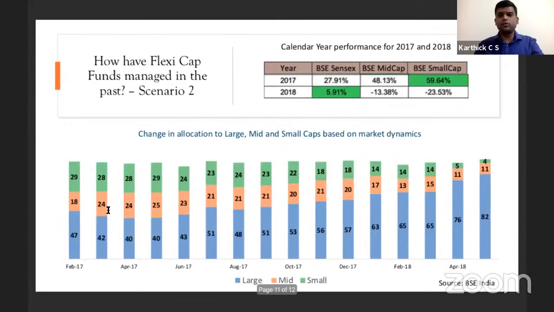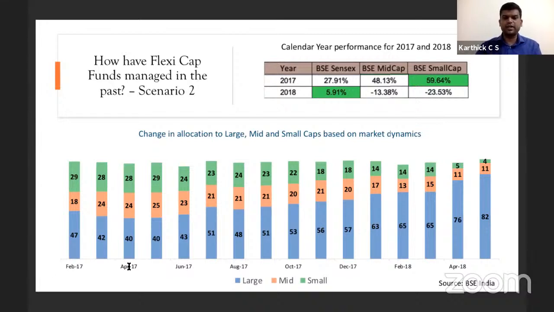The other trend, if you look at 2017 and 2018: in calendar year 2017, small caps and mid caps did exceedingly well, whereas in 2018 it is large cap which stood out, and there were a good amount of losses that people saw in mid and small cap. Look at how the fund has dynamically changed allocation from a mid and small cap heavy portfolio to a large cap heavy portfolio.